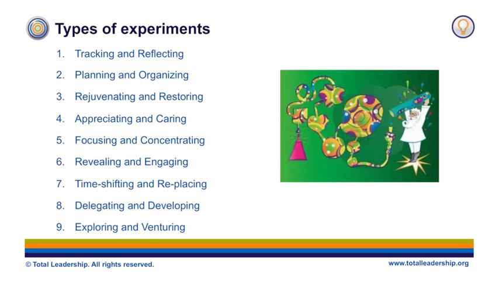I offer them to you mainly to stimulate your thinking about what might be good for you. There is no one best type of experiment. The best kind is the experiment that's best suited to your situation as you've come to understand more clearly through the work you've done in our course so far.